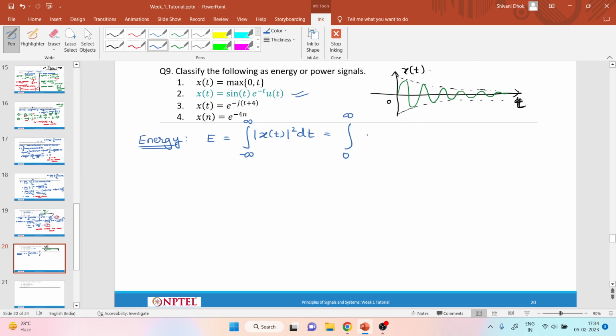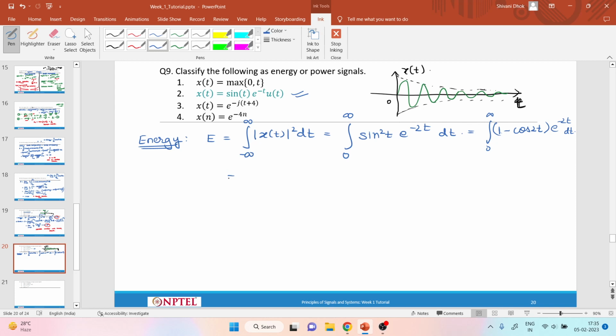So it is 0 to infinity of sine square t into e power minus 2t dt. This we can write as 0 to infinity of 1 minus cos 2t, divided by 2, multiplied by e power minus 2t dt.